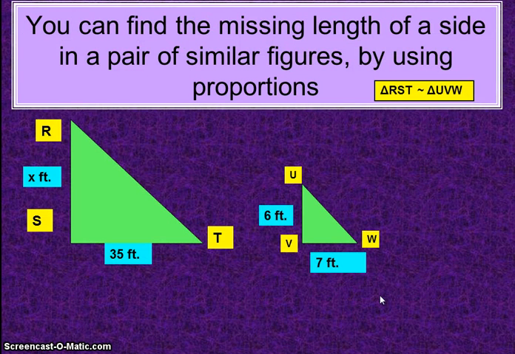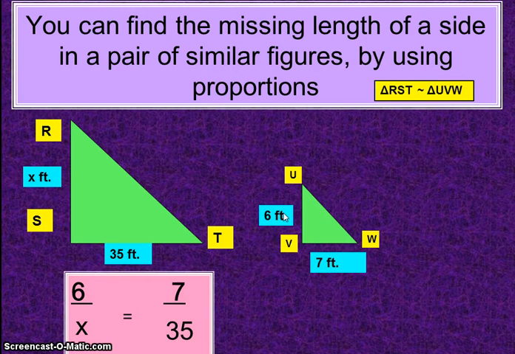When you have a triangle, we're doing exactly the same thing as we did in the first one. We're going to line up our proportions here. We've got an unknown variable here, x, which corresponds to the 6. So I could put x over 6, or 6 over x, it doesn't make a difference. Once I line those two up, 6 over x, I can say 7 over 35.